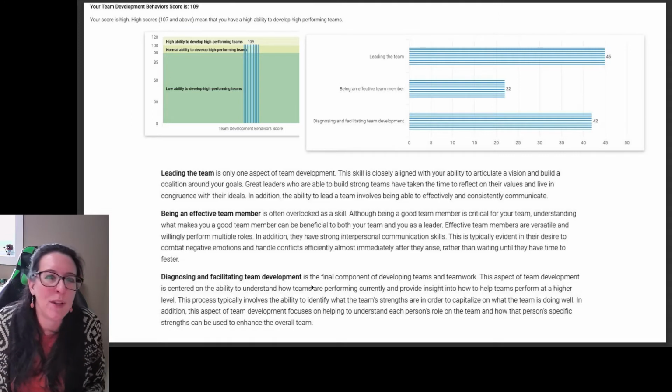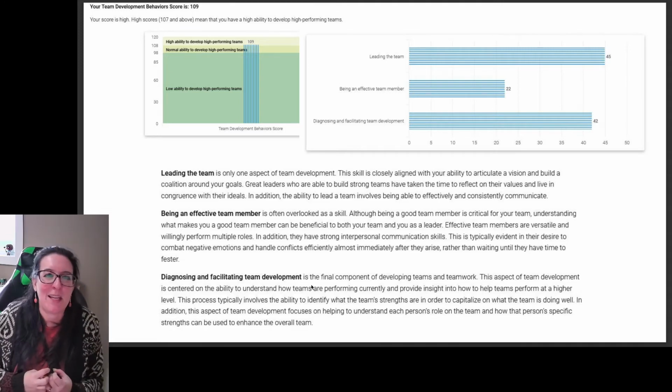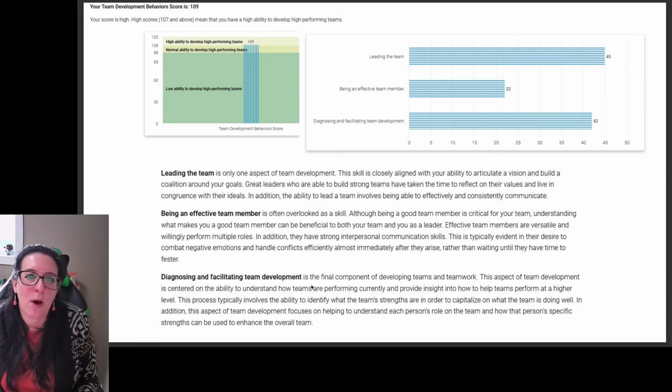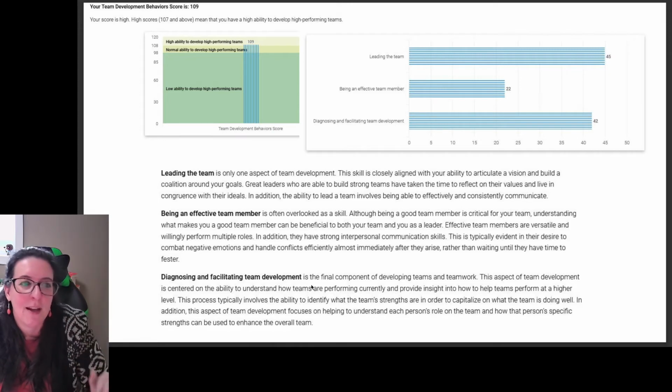You have a role in terms of leading the team, being a member of the team, and then diagnosing and facilitating the team's development. So in the first one, it looks at how well you are able to articulate a vision and build a coalition around your goals. So are you able to set that vision, that strategy, and get the group to follow you?